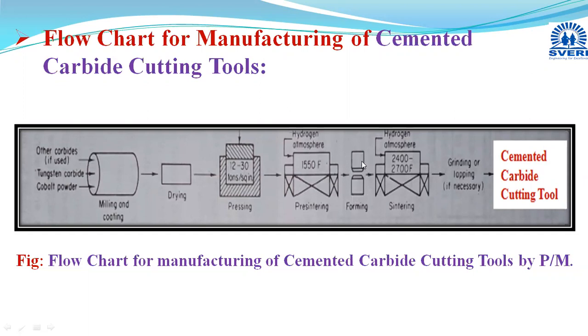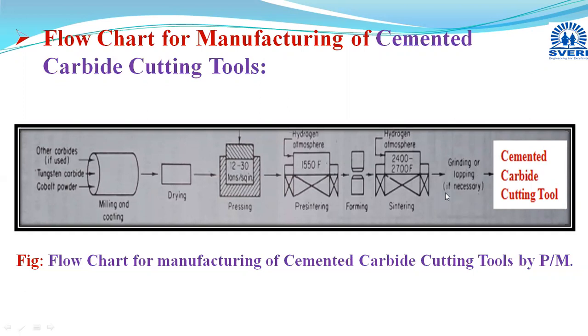After sizing, it is given to the final sintering at the high temperature zone of 1350 to 1550 degrees Celsius, where the cobalt metal melts and cements or binds the tungsten carbide or molybdenum carbide particles. During this sintering, diffusion, densification, recrystallization, and grain growth occur. Then it is given to the machining operation.